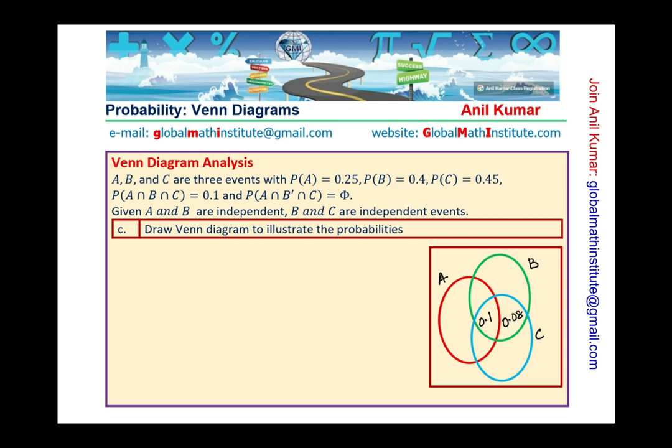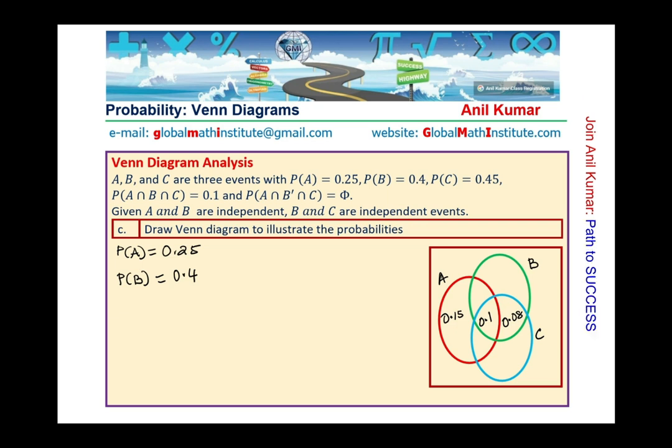We know that the probability of A is 0.25, right? So in A, we already have 0.1, so what remains is 0.15. Correct. We also know the probability of B is 0.4 from the diagram.